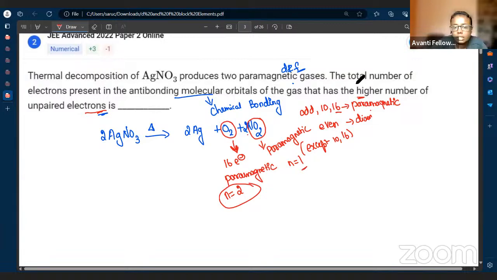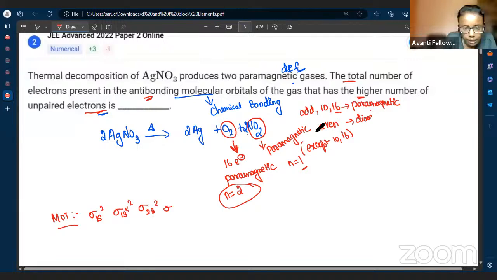Can you write the MOT configuration for O2? It is going to be sigma 1s2, sigma star 1s2, sigma 2s2, sigma star 2s2. Then whether the pi orbital or the sigma orbital comes first: here the number of electrons is 16, which is greater than 14.